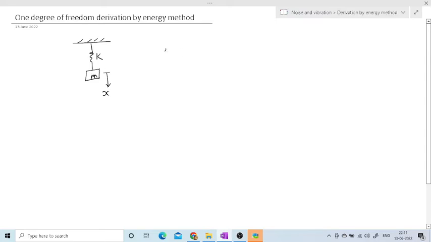As per the energy theorem, the energy present in any system is constant, and in this system we have potential energy and kinetic energy, and the total energy of the system is constant by using the energy theorem. This is the conversion of energy in a spring mass system.